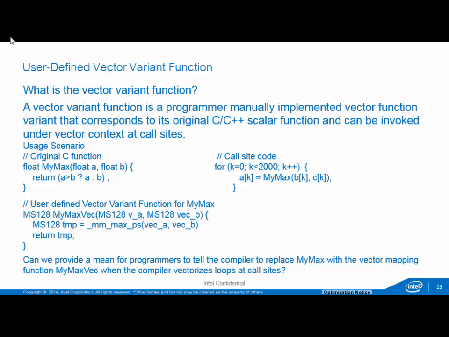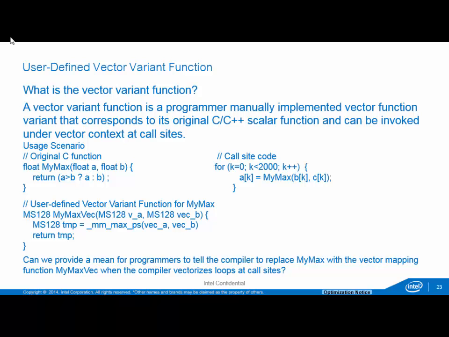So that's the feature. The user provides a manually written version, using inline assembly, vector instructions, or vector intrinsics, to write their own version of the vector function. But you need to annotate this function to say: this is the implemented function, and I want the compiler, when it vectorizes the caller, to replace your scalar function with my vector version. That's the request from the user.